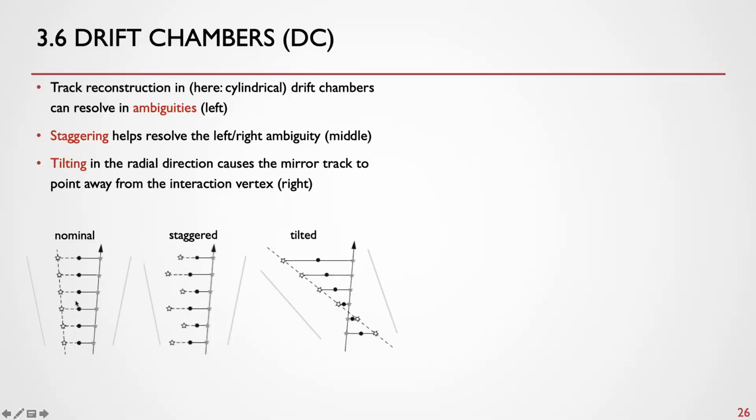Now imagine the transverse plane, and imagine the middle dots here would be our anode wires. A particle goes through here and creates an ionization signal that is read out in the drift tube with certain drift times.